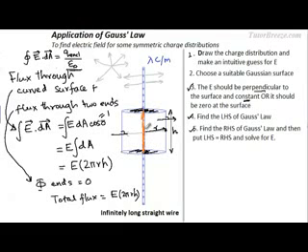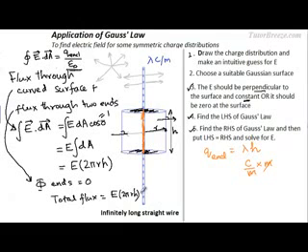So the charge which is enclosed is going to be lambda times the height h. See, lambda is the charge density which is in coulomb per meter, and the height h is in meters. So this product gives us the total charge enclosed.